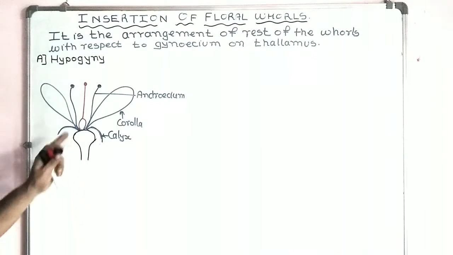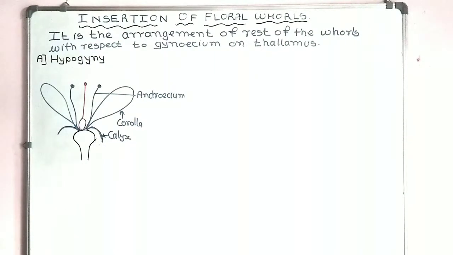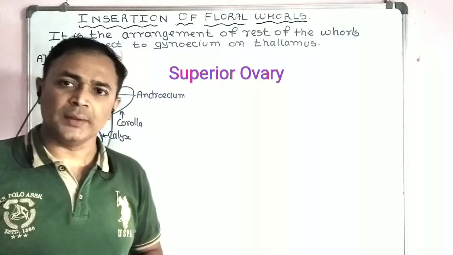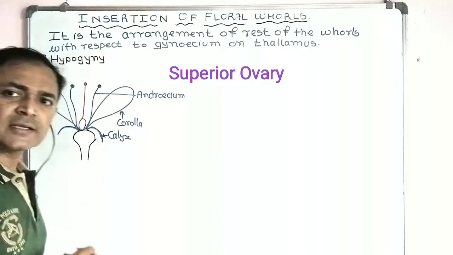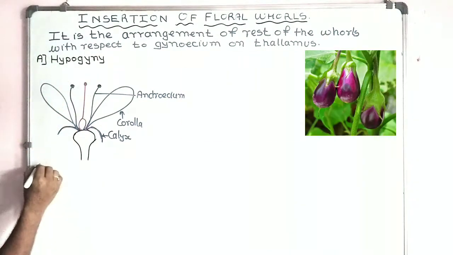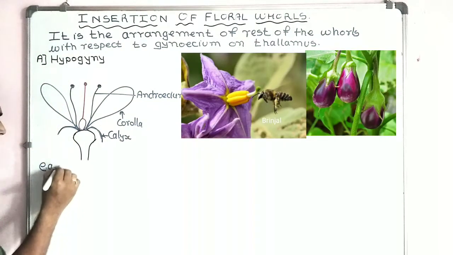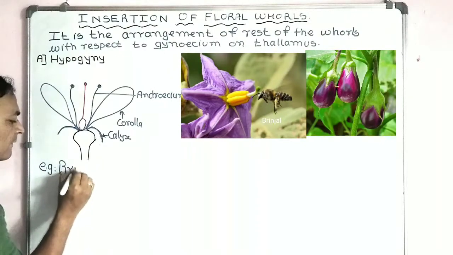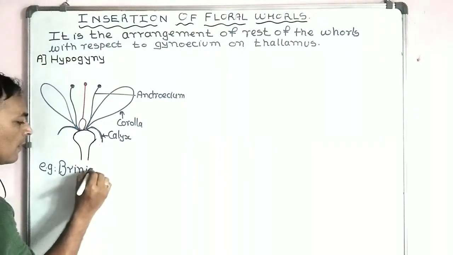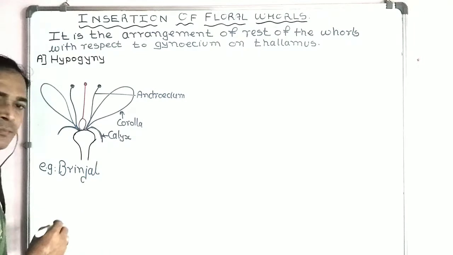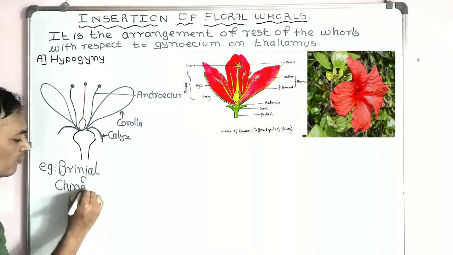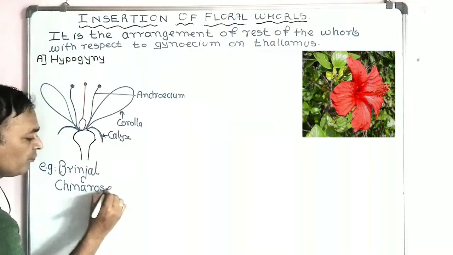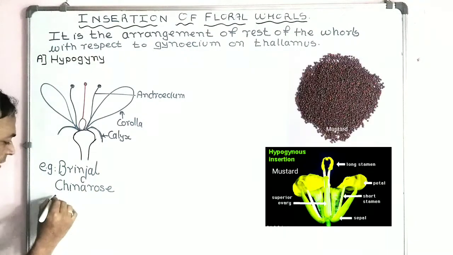Therefore, this type of arrangement is called hypogyny. It is also called superior ovary. Let us take some examples: brinjal, China rose, and mustard.